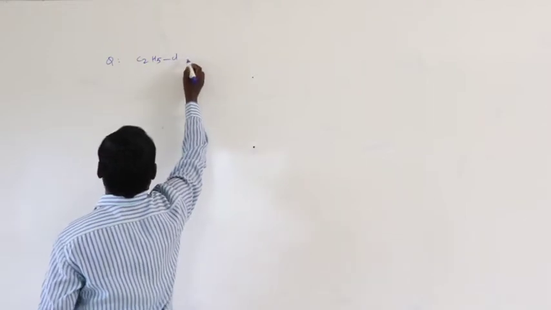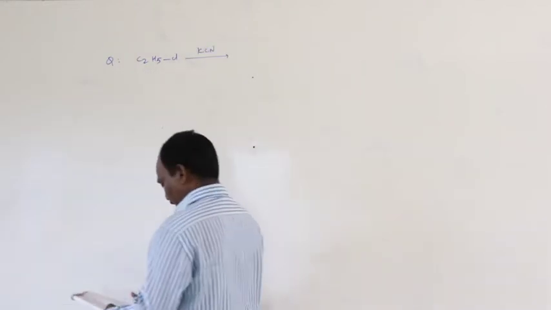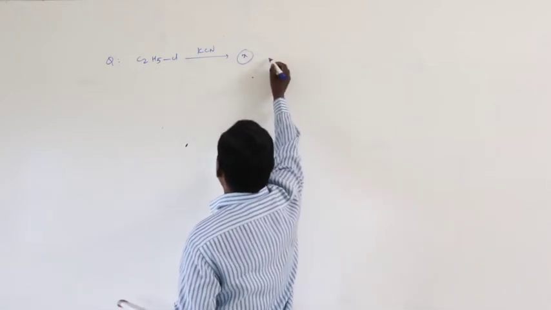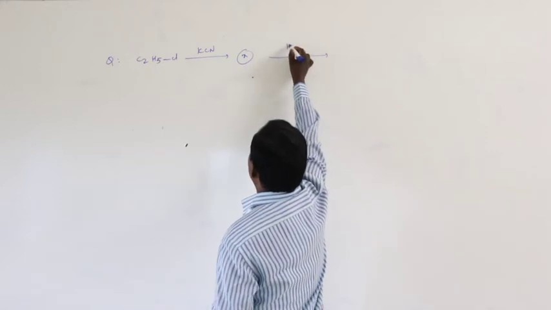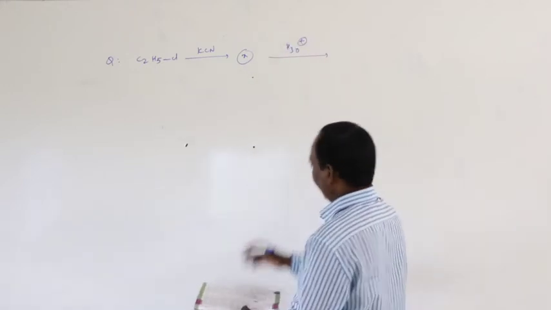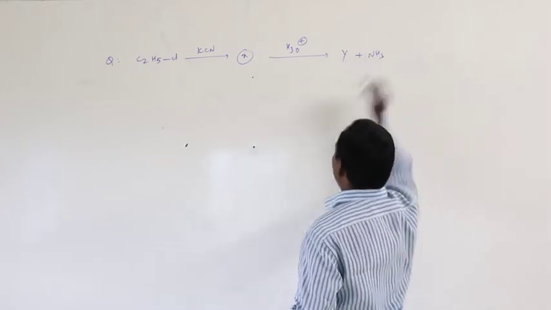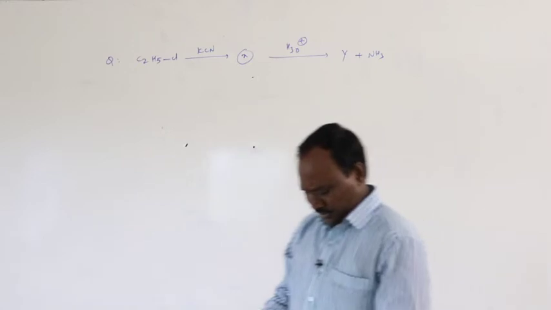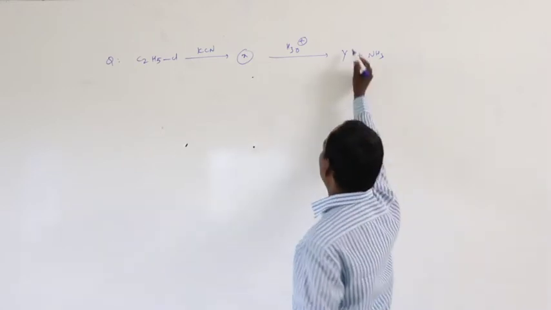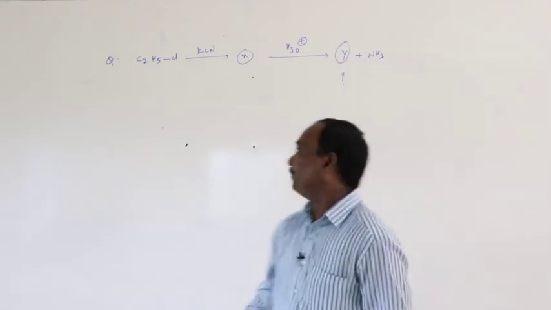C2H5Cl on treatment with KCN, potassium cyanide, produces X, which upon hydrolysis, H3O plus, gives Y plus NH3. In this reaction, what is the molecular formula of Y? Okay. Molecular formula of Y.